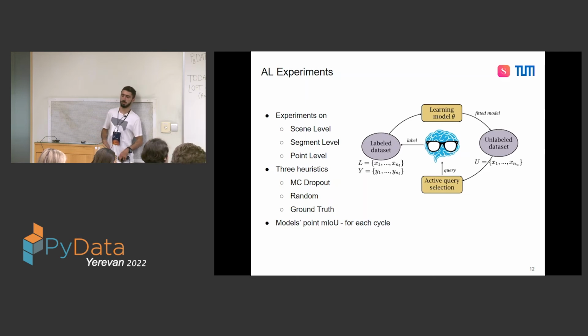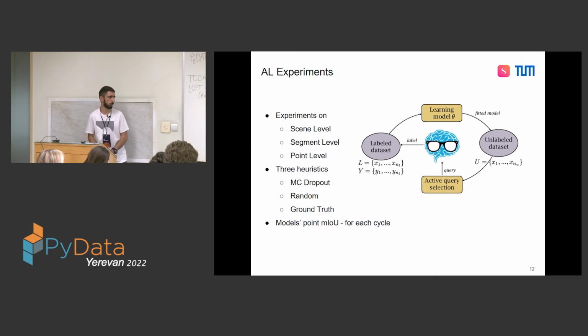Then we can run the algorithm to just choose segments in each cycle. And the lowest granularity level is choosing points. For example, in each active learning cycle, we need to choose 100 points from each scene of our unlabeled pool. And we compare with each other three heuristics, the MC dropout heuristic, which is our active learning method.